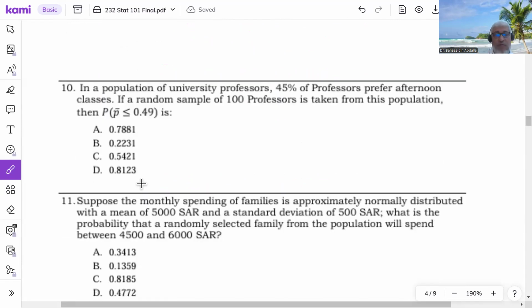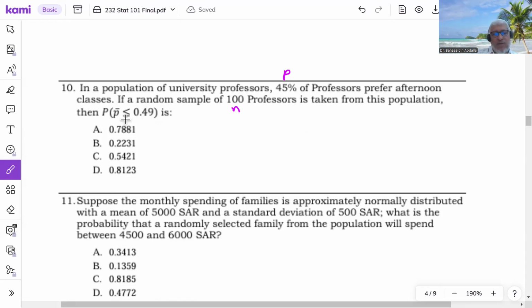In a population of university professors, 45% of professors prefer afternoon classes. If a random sample of 100 professors is taken from this population, so this is n, what is the probability of P bar less than or equal to 0.49? So in a population, 45% is P, the population proportion. And he is asking what is the probability that the sample proportion is less than or equal to 0.49.